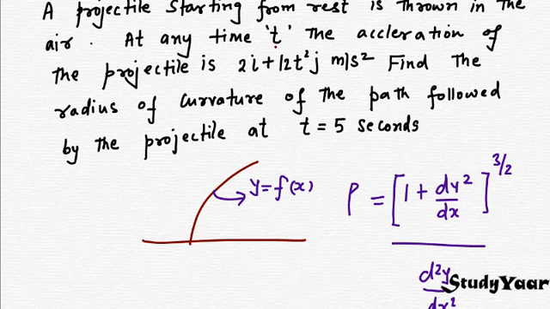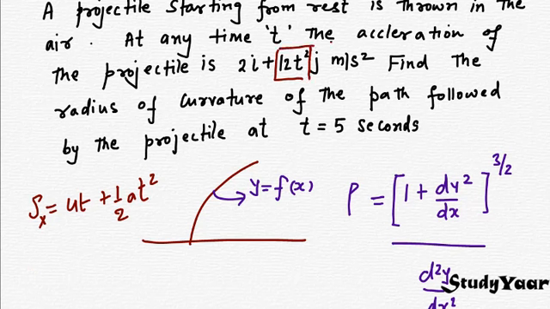So in x direction my projectile goes through a uniformly accelerated motion. Hence I can use s is equal to ut plus half at square to find out the displacement in x direction. And in y direction my acceleration is 12t square, which is variable.